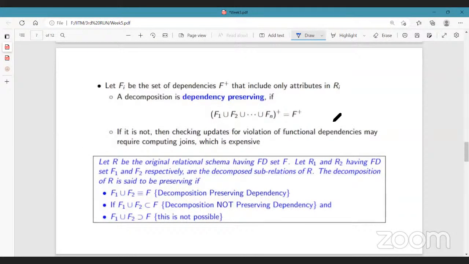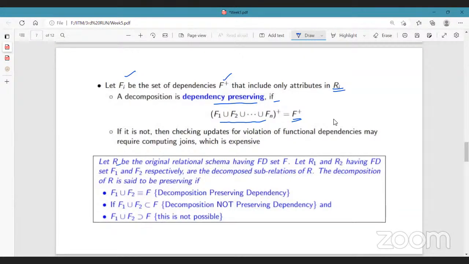A decomposition is dependency preserving if, let Fi be the set of dependencies in F closure that include only attributes in the relation Ri, the closure of the union of all the functional dependency sets is equal to the original functional dependency set.